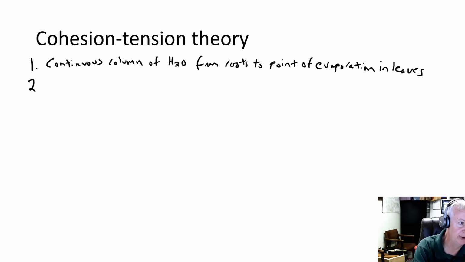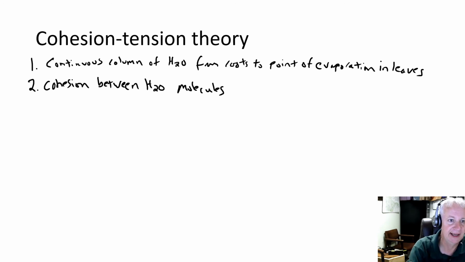Another important point is that there is cohesion between water molecules. Since water is polar. And what I mean by that is the molecular structure of water looks something like this, where this is the oxygen atom, and these are the two hydrogen atoms.